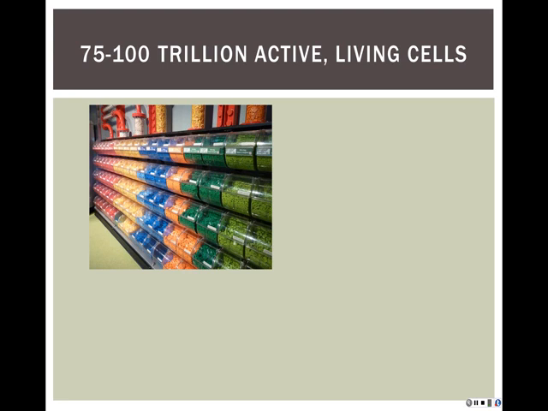When you start to think about how many cells are in the body, it's pretty amazing. First of all, it would be impossible to count all the cells in the body, but people estimate that there are about 75 to 100 trillion active living cells in the body, which is obviously way more than the Legos pictured here, but kind of gives us a little idea of lots and lots of Legos.